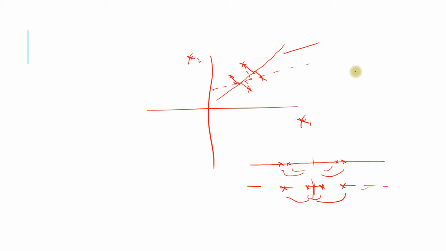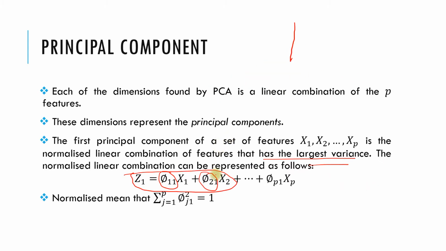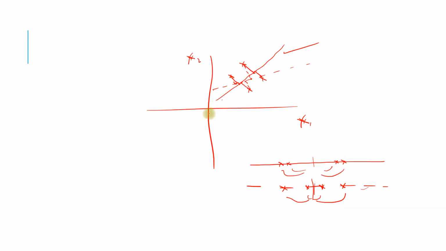That is, phi 1,1 and phi 2,1 would define the direction of the line that explains the maximum variance.